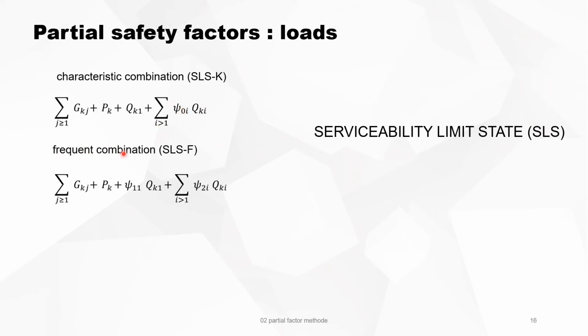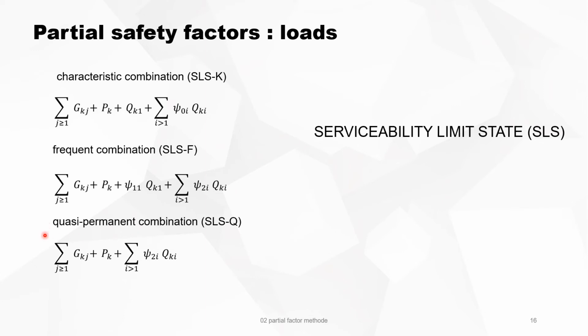The frequent combination, which is logical, you will combine it with the psi1 factor. You remember the psi1 Q is a frequent combination. It happens weekly. And you combine it with the psi2 combination of all the other mobile loads. And then the quasi-permanent combination, SLSQ, there you combine the permanent loads with the psi2 combination of all the other variable loads.